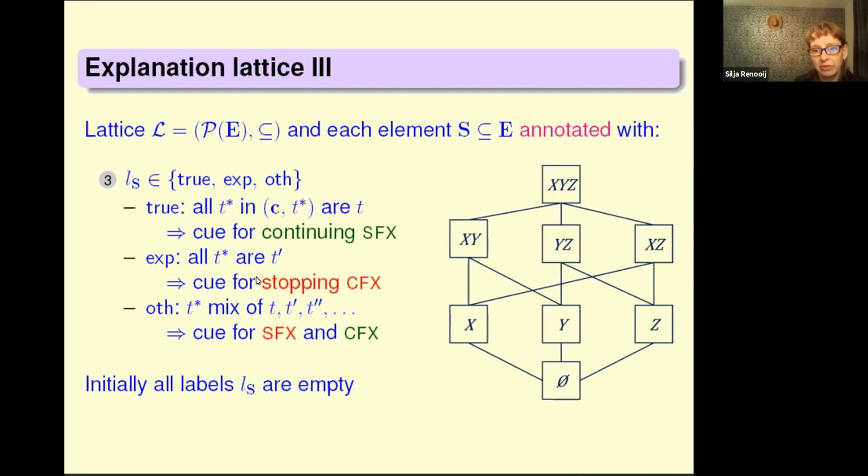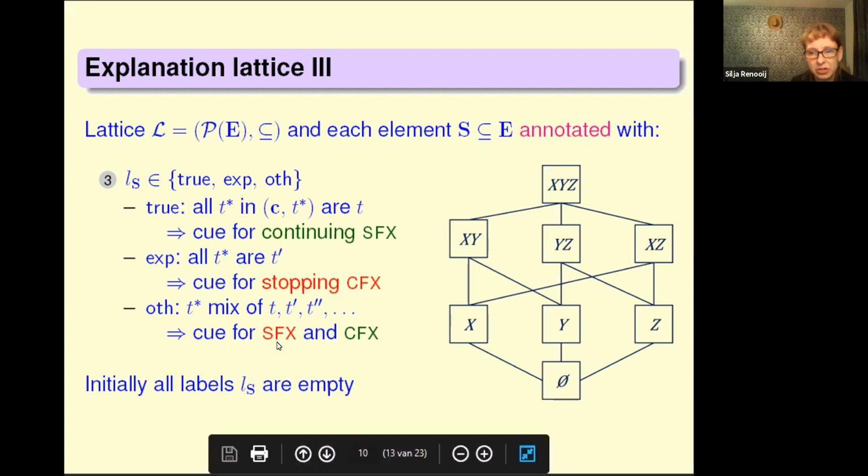And if I know that all of them are the targeted alternative output, I know I can stop searching from there on for counterfactual explanations, because the higher up I am in the lattice, the smaller the set is for the counterfactual explanations, and I'm again looking for a minimal set. So going further down only means that the C becomes larger.